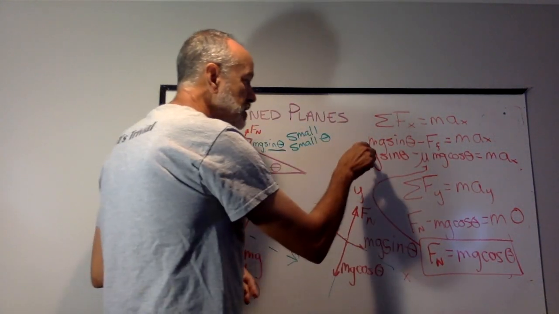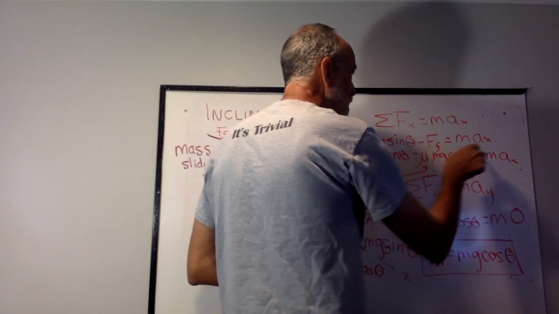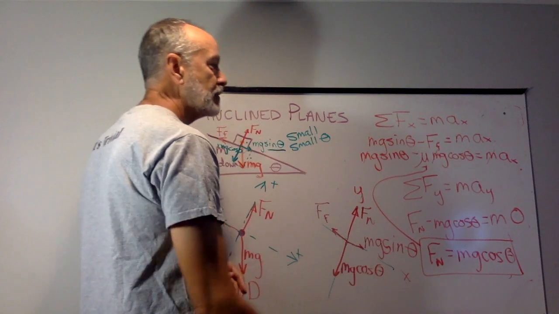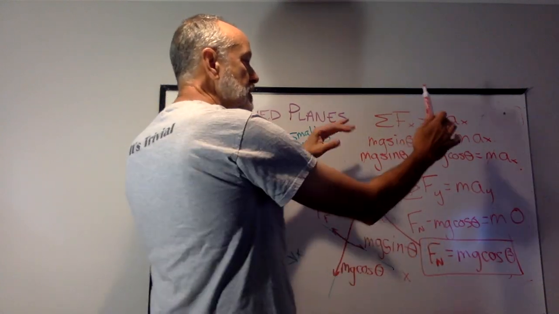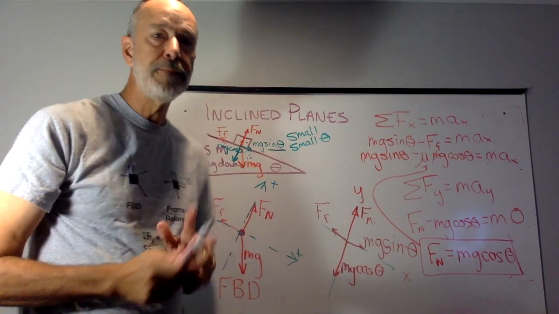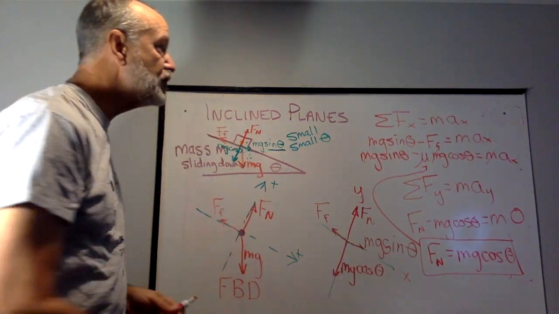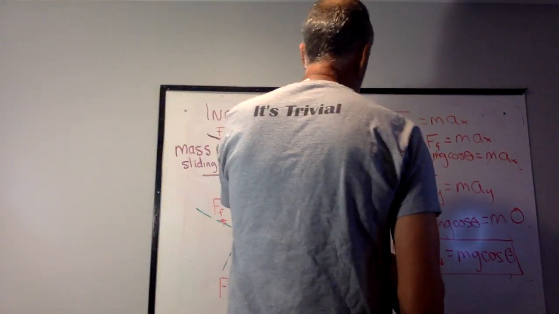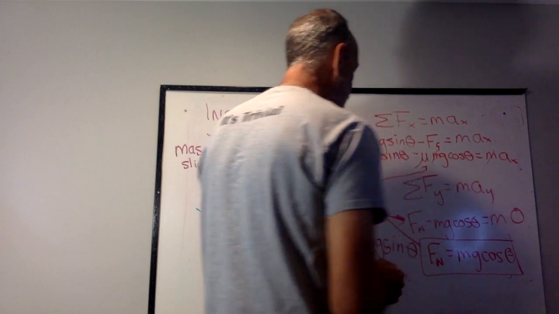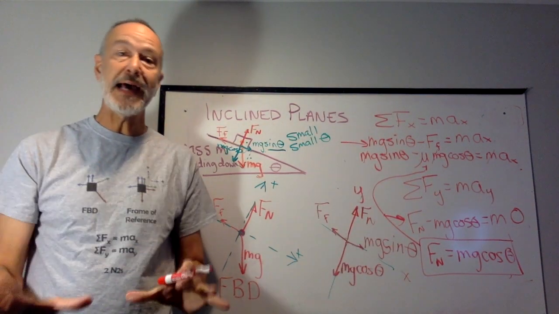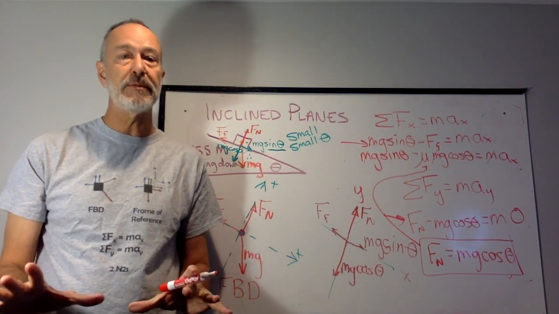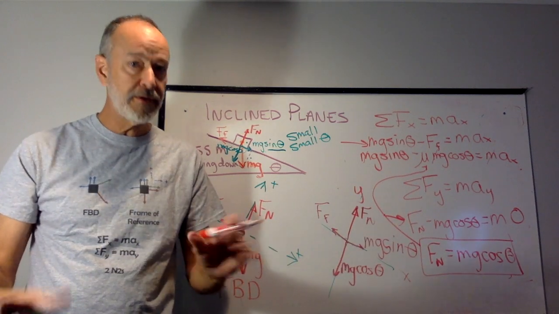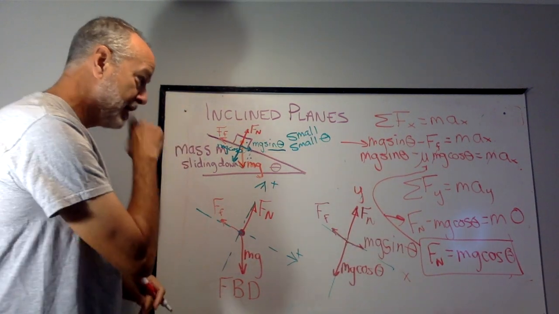And you'll notice masses cancel out, and the acceleration is g times sine theta minus mu cosine theta. That's just doing the math. If you can set up that equation and that equation, you are in fantastic shape on the inclined plane problems. The rest is just math, which I say all the time, but it's true.